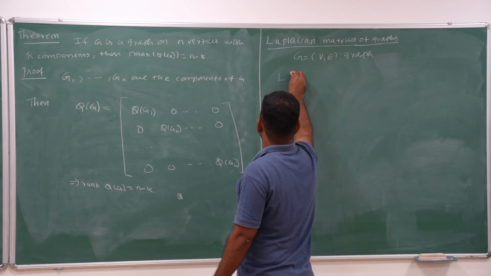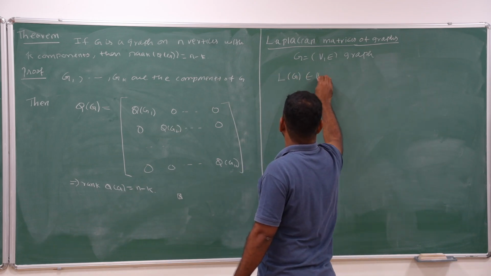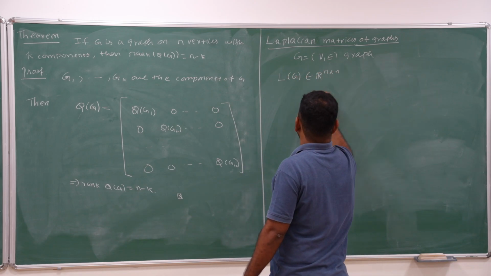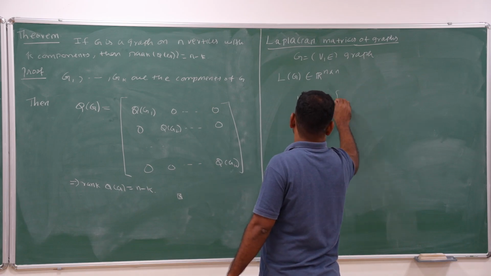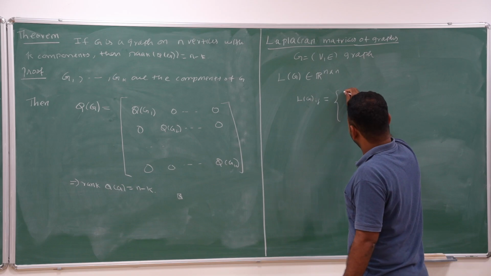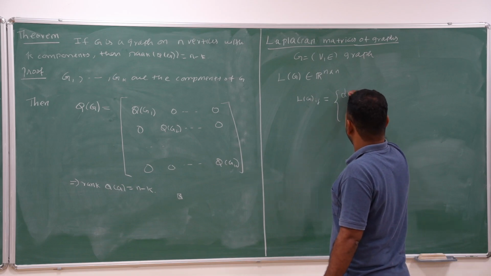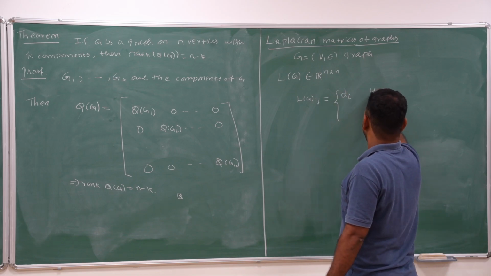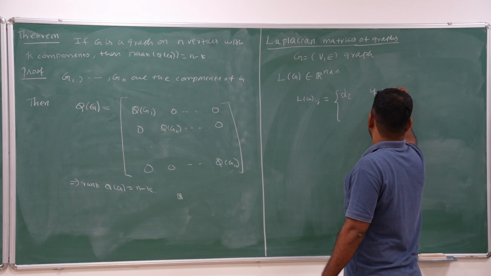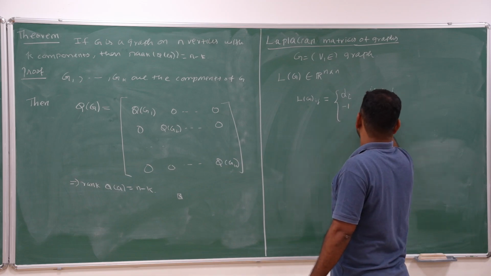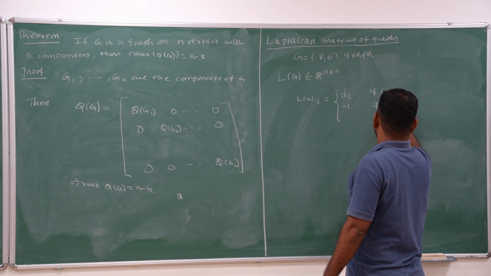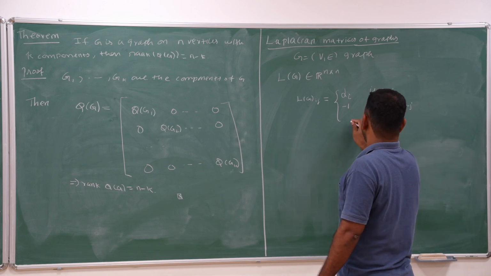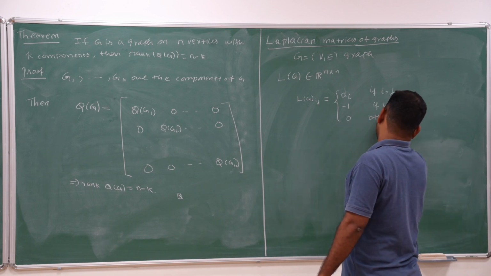The Laplacian is again an n by n matrix, defined in this way. The ijth entry of the matrix is: keep the degree of that vertex in the diagonal, if i equals j; minus 1 if i is not equal to j and i is adjacent to j; 0 otherwise.